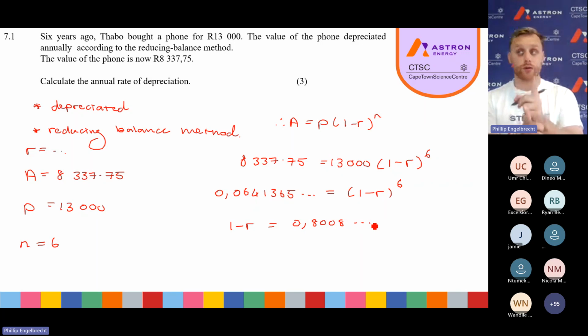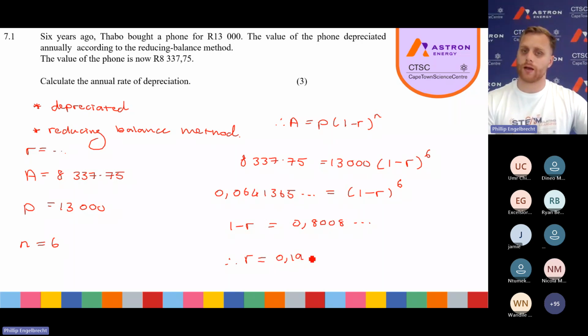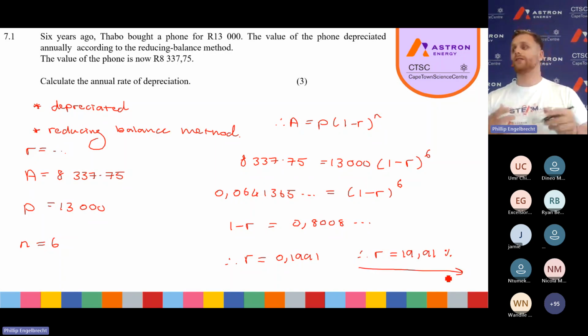Guys, you see, I'm not rounding off. I'm only going to round off at the very end. And therefore, I get R on its own, and I get that R is 0.1991. So therefore, the rate at which this depreciates every year is equal to 19.91%. Okay, so that's the rate at which the phone depreciates every year. Guys, a very, very simple 3 marks.